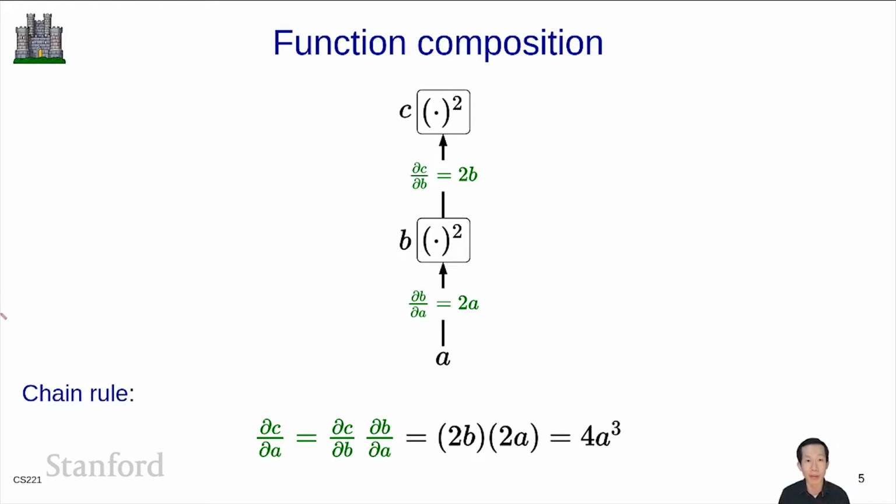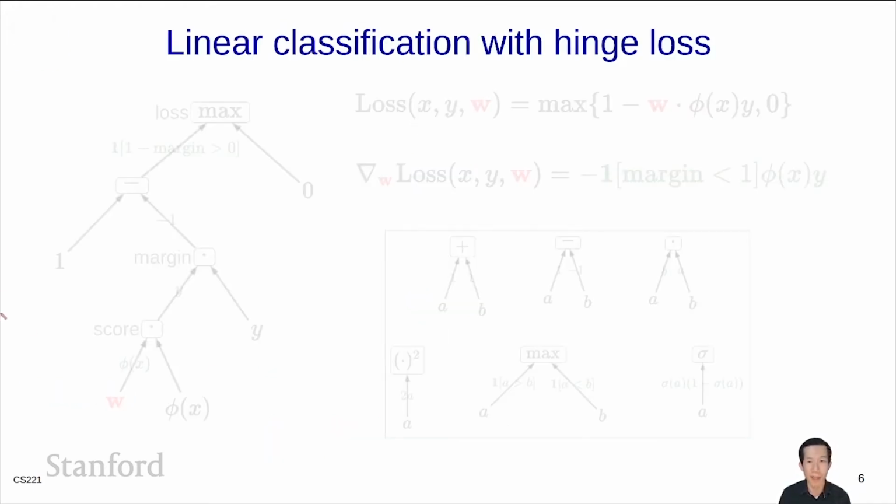And that's going to be really useful on this slide. Now let's turn to our first example, the hinge loss for linear classification. We actually did this one before, but I just want to do it again through the lens of computation graphs. So here's a loss function.